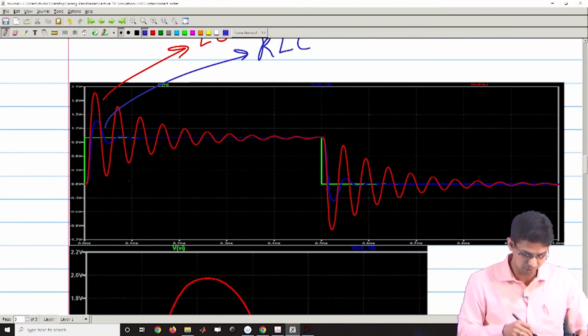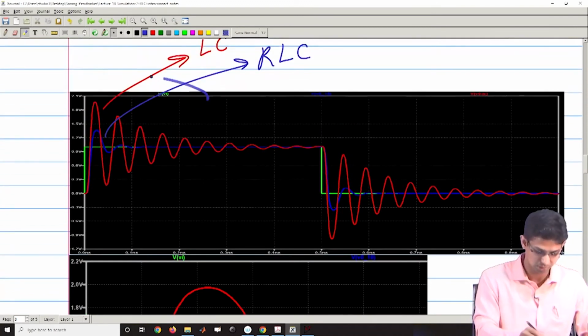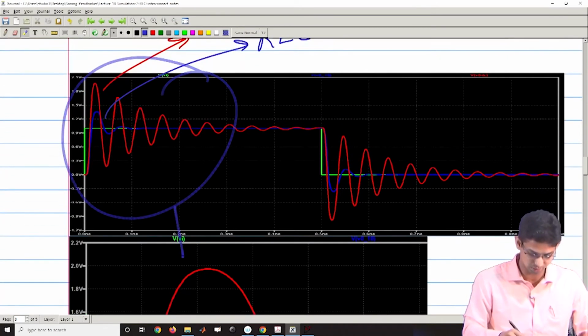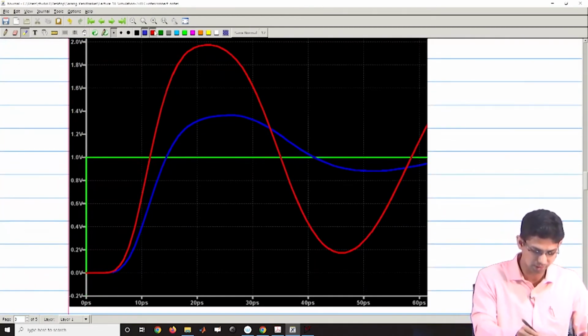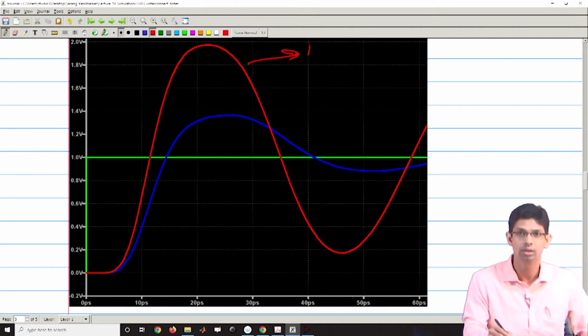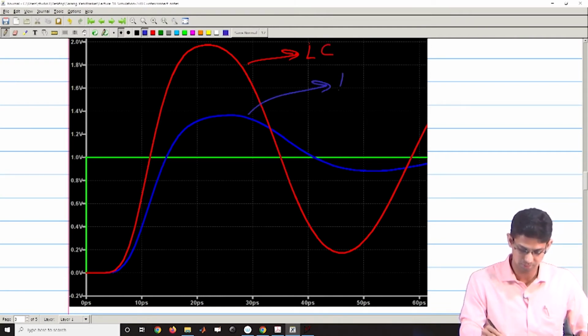I have again zoomed into this region, and this zoomed in region I am showing here. So here I can see that this is my LC and this is my RLC.